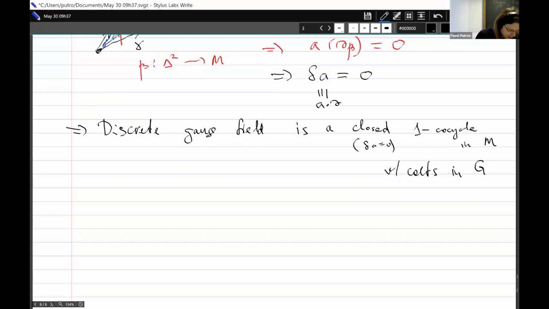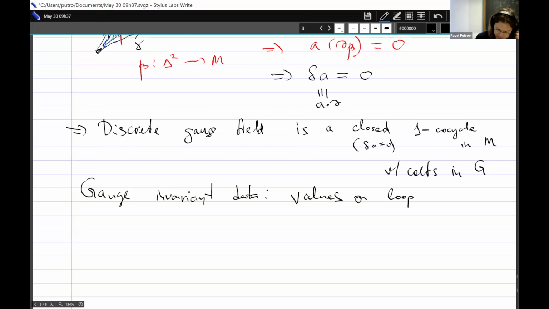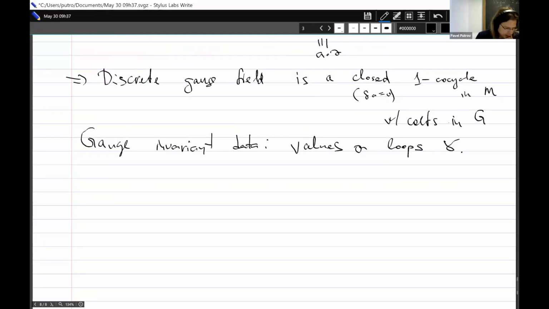But different cocycles can correspond to different physical configurations. So the gauge invariant data, as before in the case of continuous gauge theory, is given by the values on loops gamma.